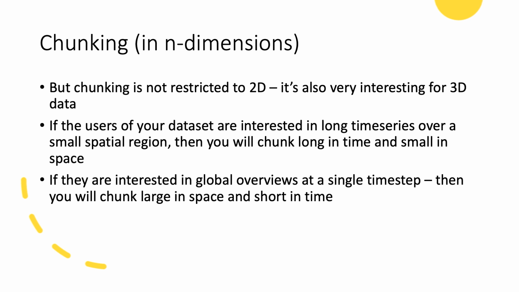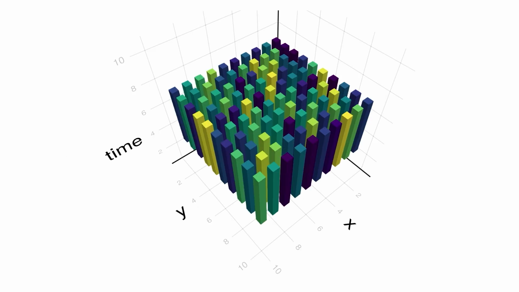If they're interested in global overviews, say you want to look at the average temperature of the world at a single time step, then you want chunks which are very large spatially, but small in time. I'll show you a visual example. This z-axis, the upward pointing axis, is time. The x and y axes are x and y.